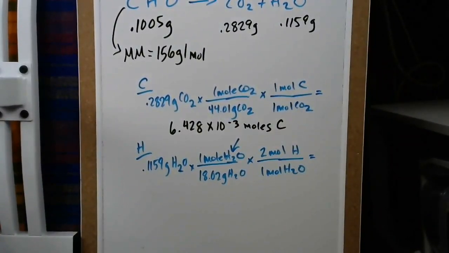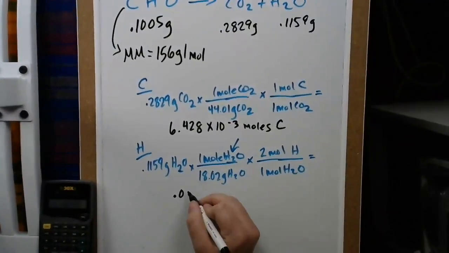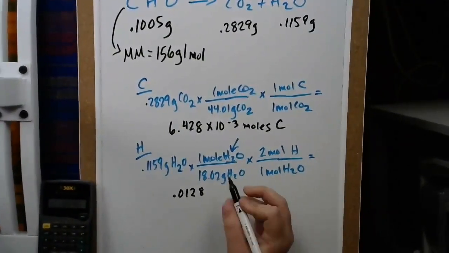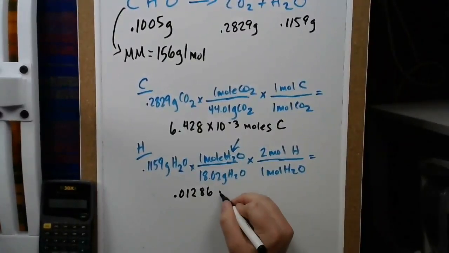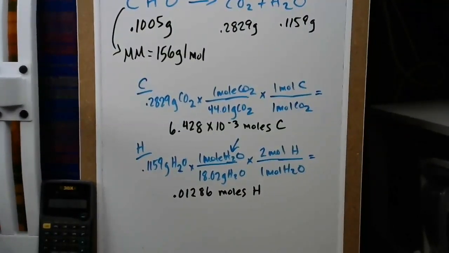Now some calculator stuff. 0.01286 moles of hydrogen. All right.